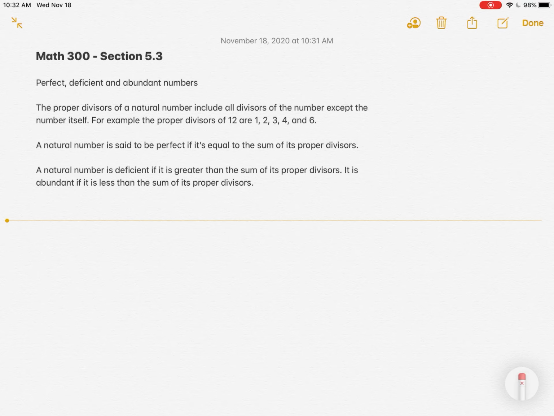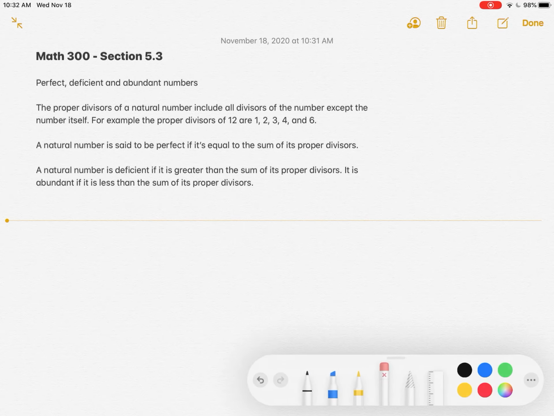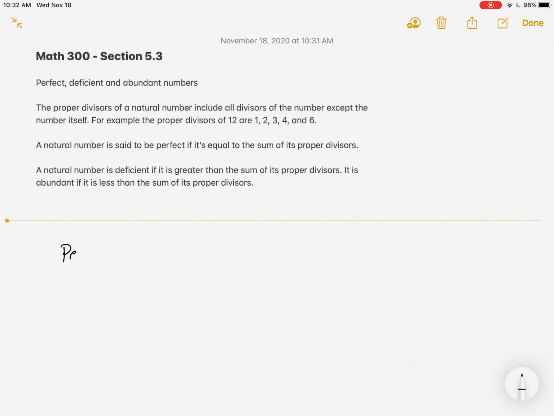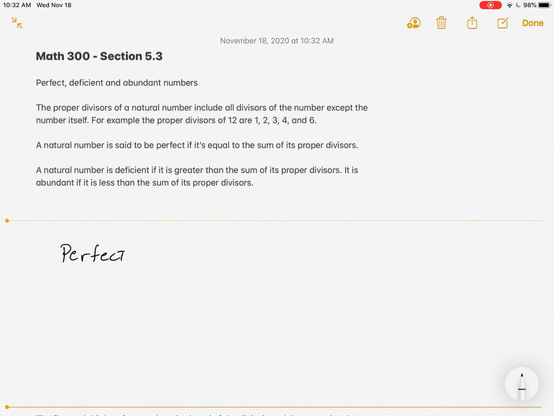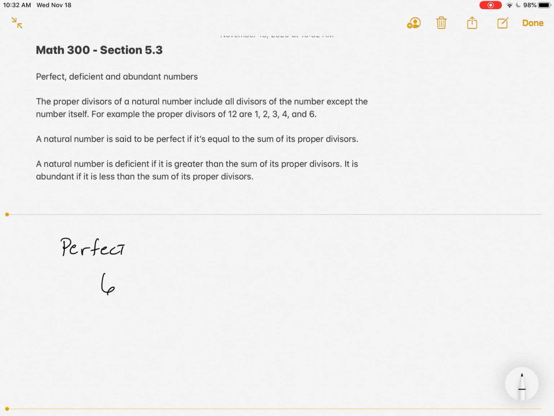So let's look at some examples of what we mean by perfect. If I try to model a perfect number, let's take a look at something like 6. The proper divisors of 6 are all the numbers that go into it except 6 itself.